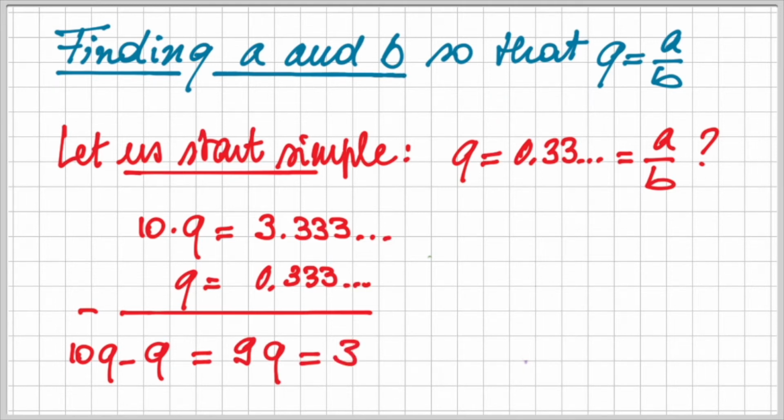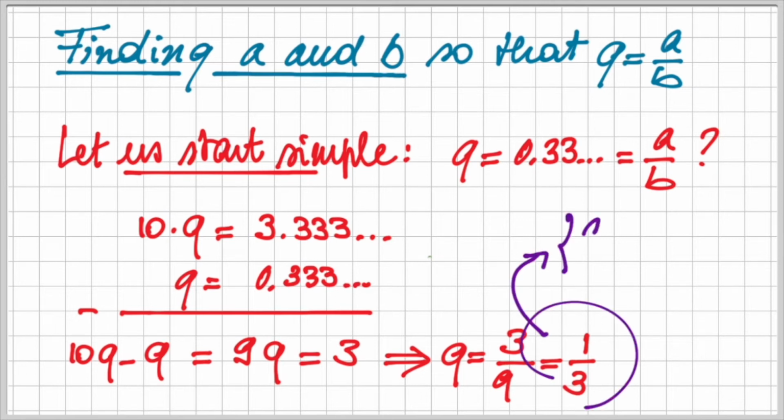And we find that 9 times q is equal to 3, which gives us immediately q is 3 divided by 9, and we can simplify this because the numerator and the denominator both have the number 3 in common, and we find 1/3. So a is equal to 1, and b is equal to 3.